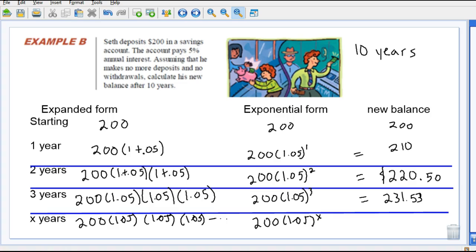Type it in your calculator now. You should get 325.78. So that's how much the account will be.